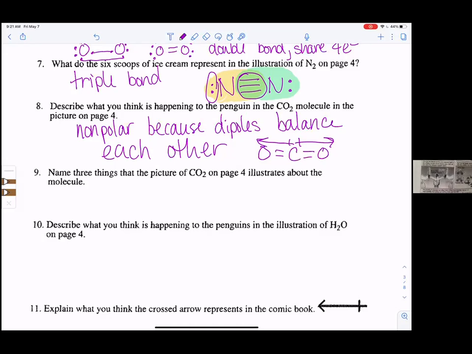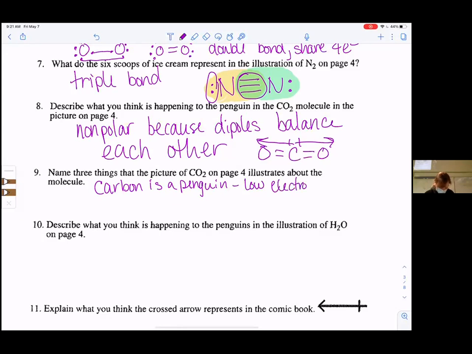What's representing the carbon atom? Which critter? Yeah, the penguin. So we have the penguin is carbon. So that means that it's low electronegativity. It's not very good at pulling on electrons in a bond.